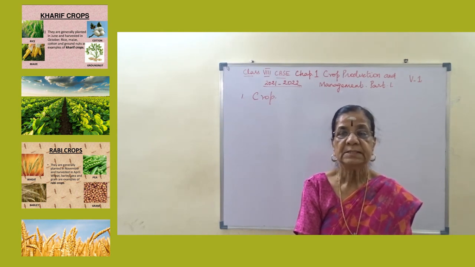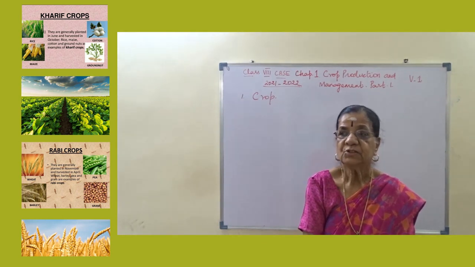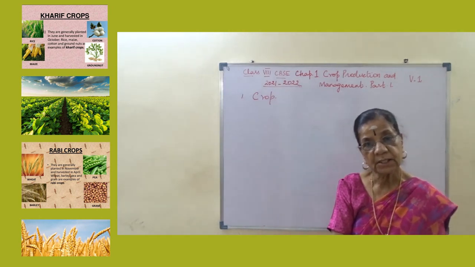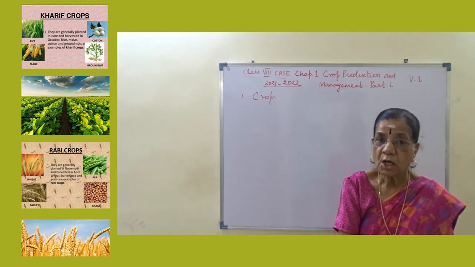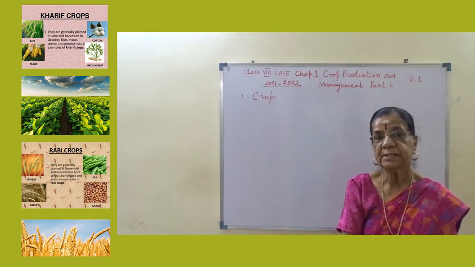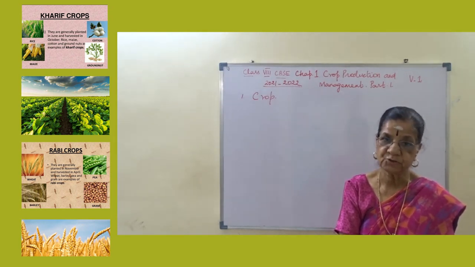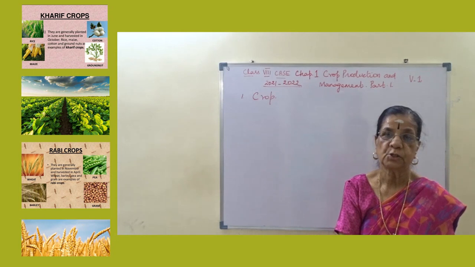Winter will be severe, and in the same way summer will also be severe. So the climatic conditions of southern and northern India differ much, and accordingly we find variation in the cultivation of crops.